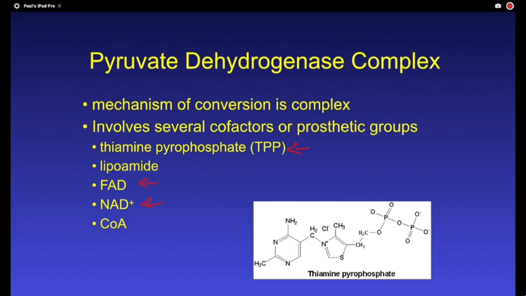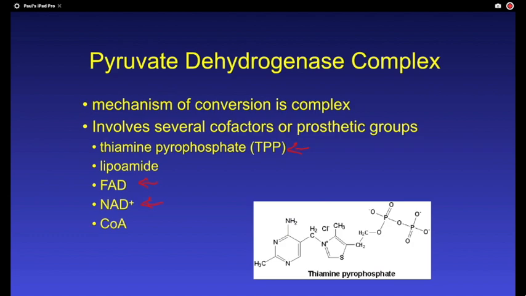Have you ever heard of thiamine? That's another vitamin B. Thiamine pyrophosphate is this really strange organic molecule, and we're going to see what it does in the mechanism in a moment, but I have to have this to do the reaction.